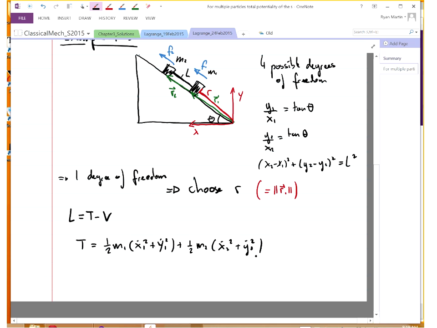So the kinetic energy is easy in Cartesian coordinates because it's each of the Cartesian coordinates dotted, squared, and added to each other to get v squared.